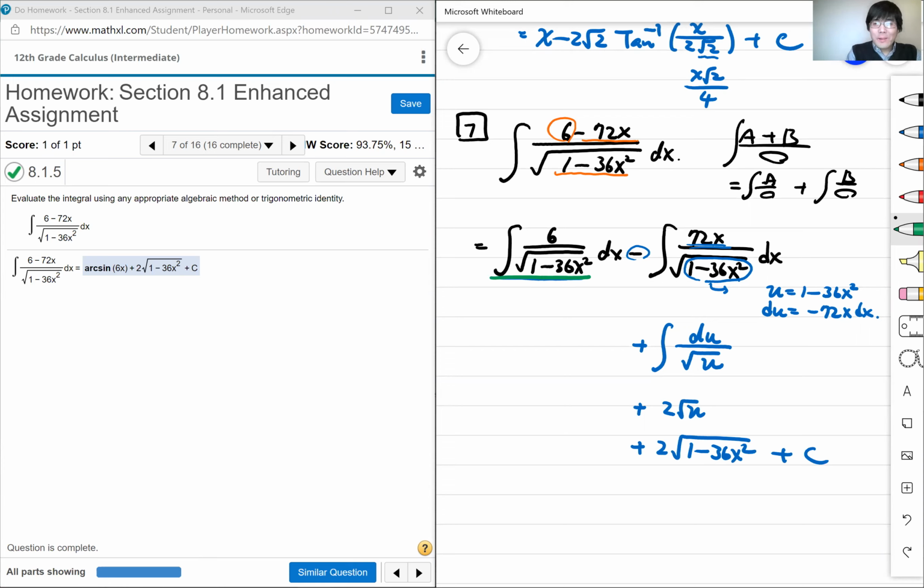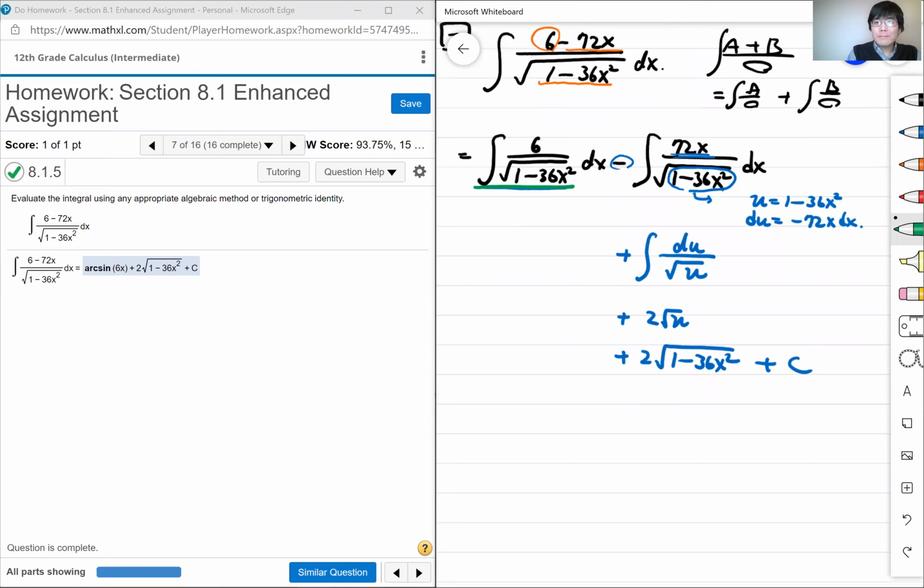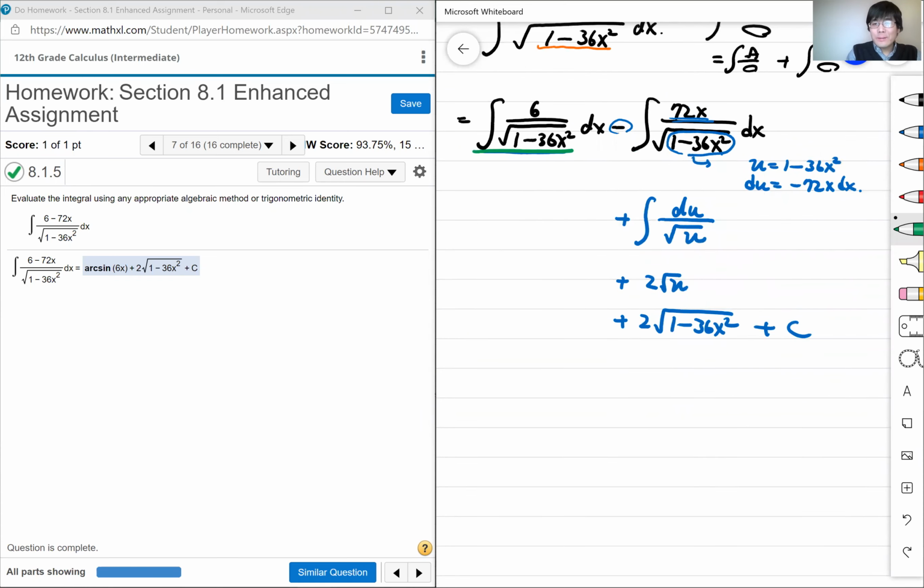This one, the key formula you want to know is this. Remember, the derivative of the inverse sine function was 1 over square root of 1 minus x squared.